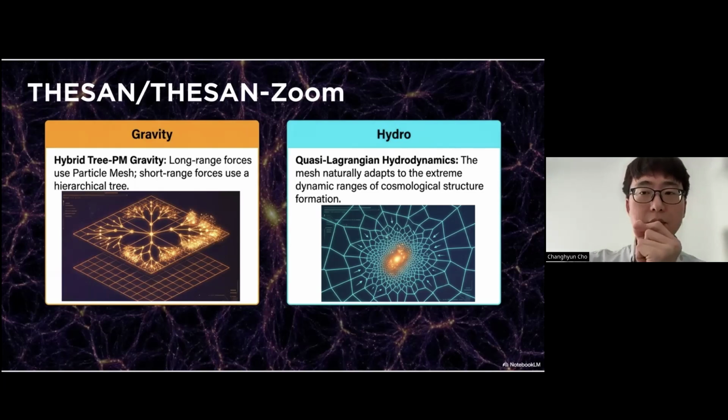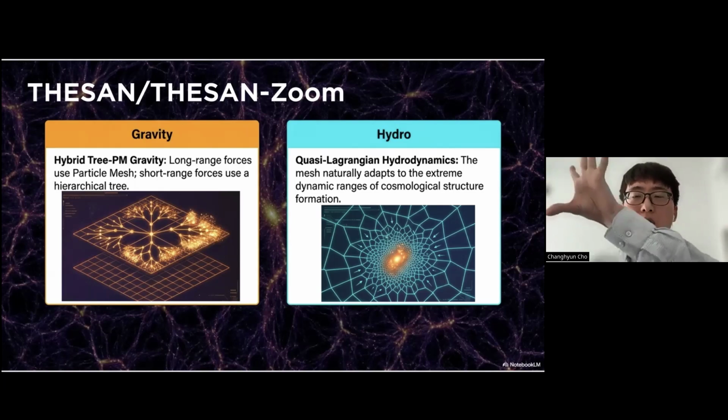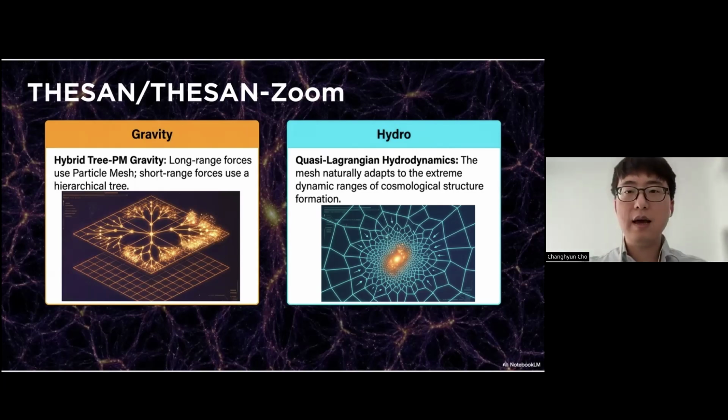Which one will influence this test particle more? Short range particles. So in the short range, we need a more precise calculation of gravity. For the long range particles, we just approximate and make a simple calculation so that we can save computational time. But basically, we get the potential and the acceleration.